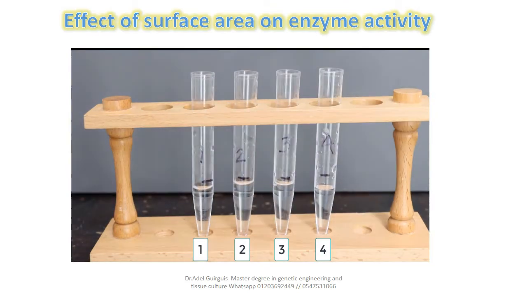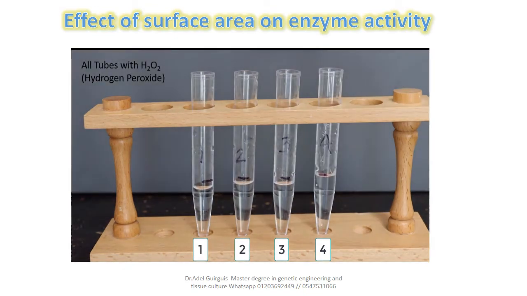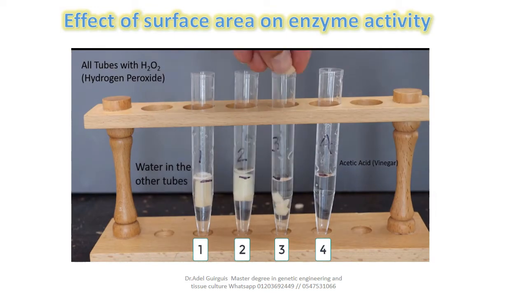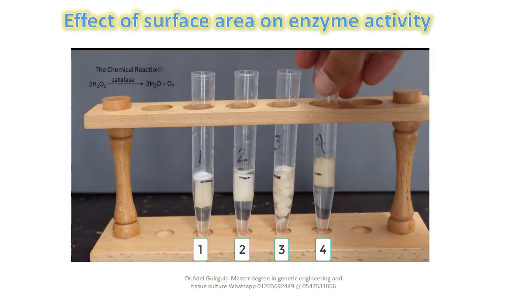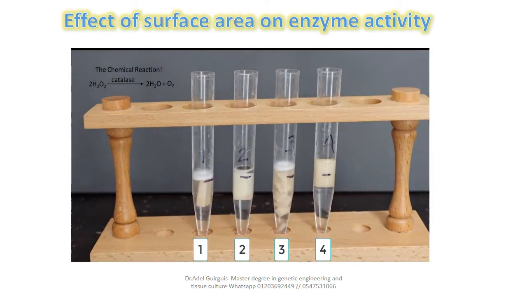The liquid inside the test tubes is hydrogen peroxide, and then in test tube 4 we also put 1 milliliter of acetic acid or vinegar, and we put water for 1 milliliter in test tubes 1, 2, and 3. Then we put our potatoes in, and we have test tube 1 with a regular potato, test tube 2, the one we boiled, test tube 3 has the potato we chopped up, and test tube 4, normal potato but with acetic acid.